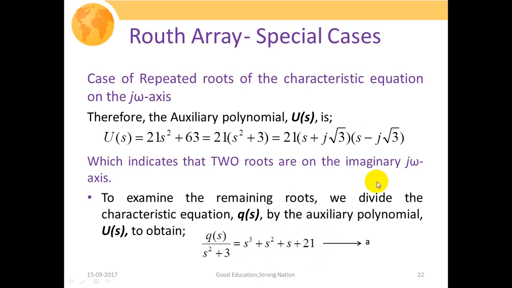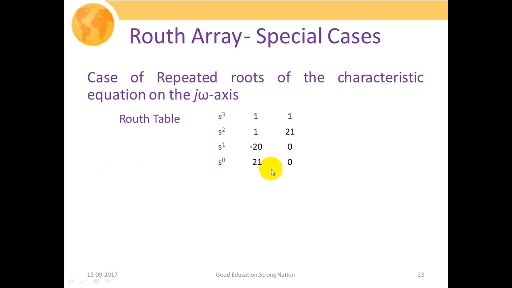We have already found out that two roots of the given characteristic equation polynomial are s plus j root 3 and s minus j root 3. This particular Routh table is associated with the equation A. So s cube and s square will be having 1, 1 and 1, and this is your 21.